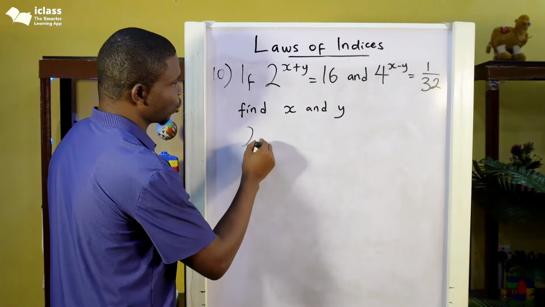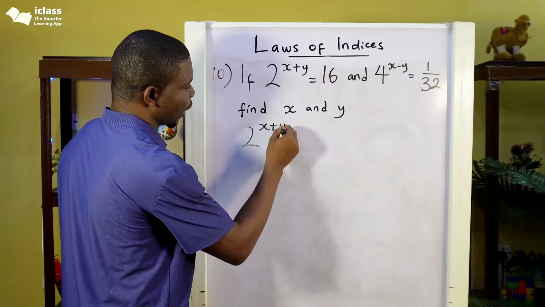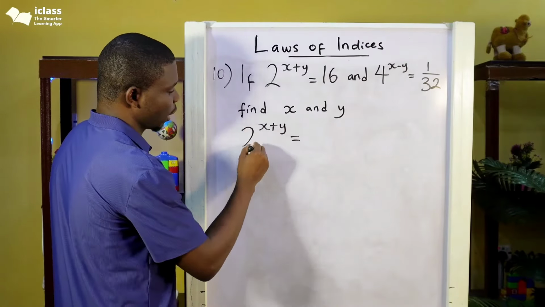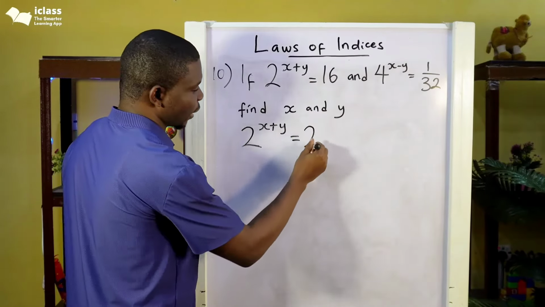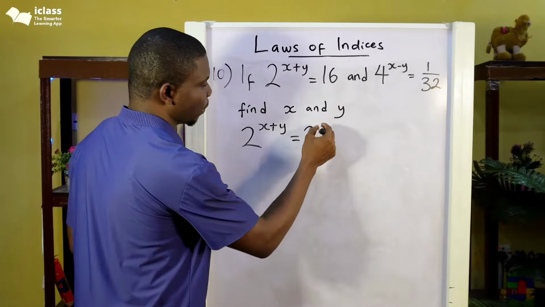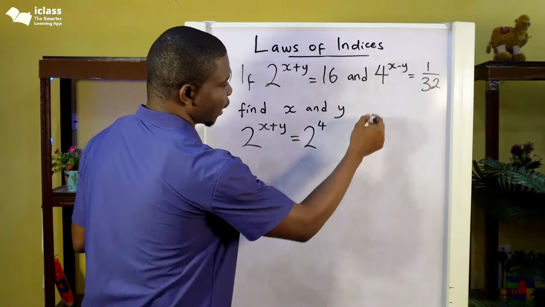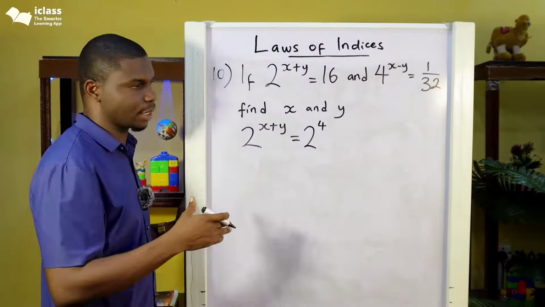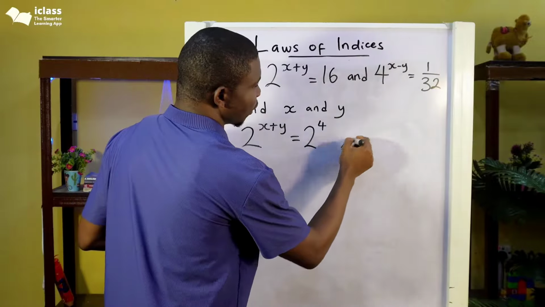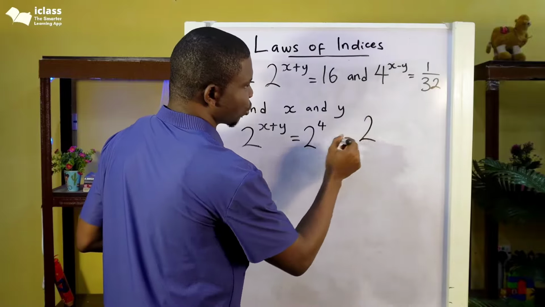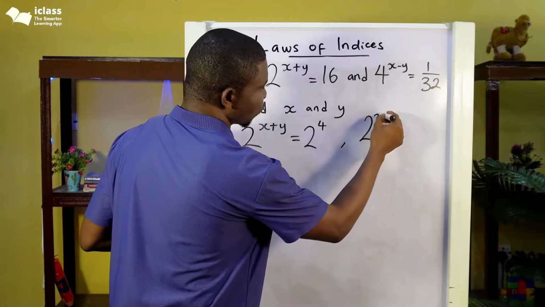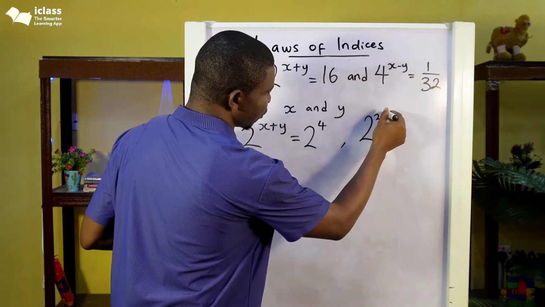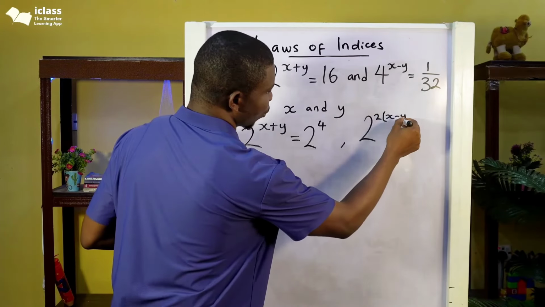So we have here 2 to the power x plus y is equal to, I can write 16 as an index in base 2. This will be 2 to the power 4. And then here, I can express both 4 and 32 as indices in base 2. 4 is the same thing as 2 to the power 2, right? So we have 2 bracket x minus y.